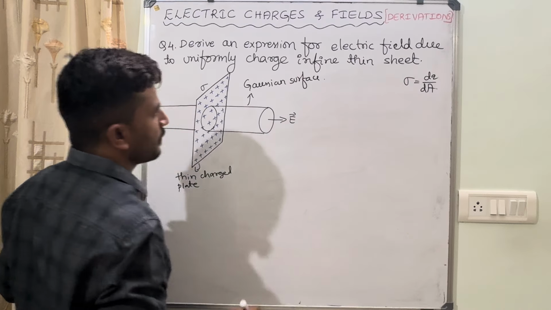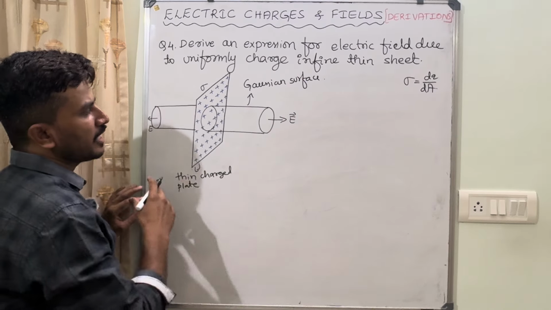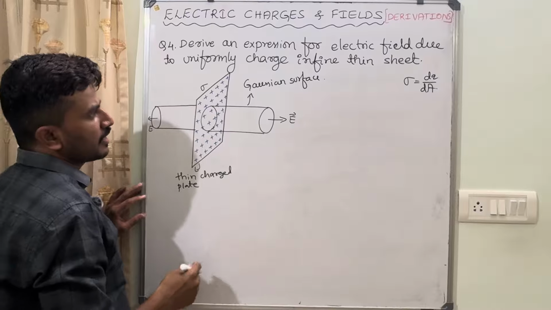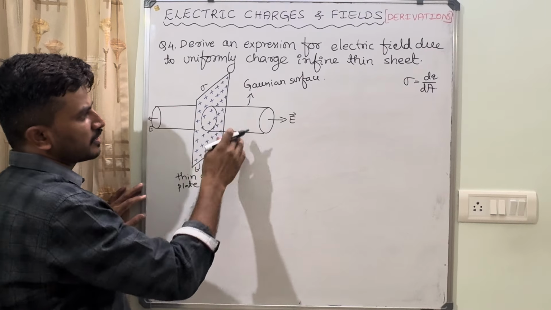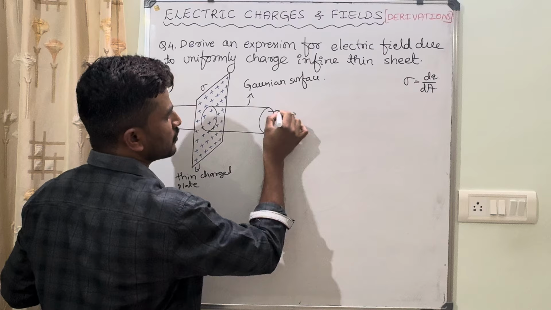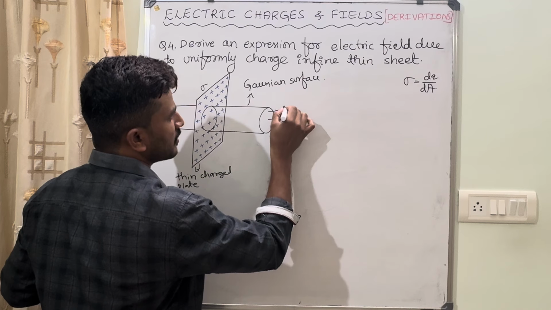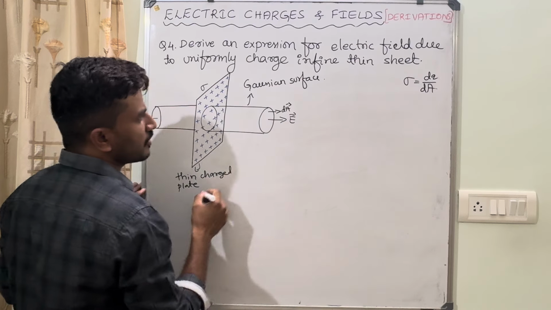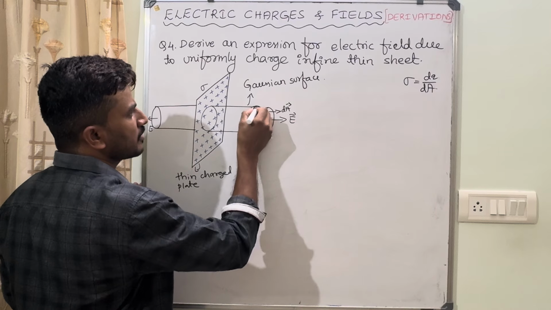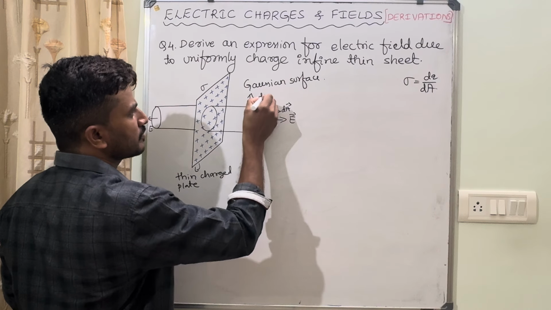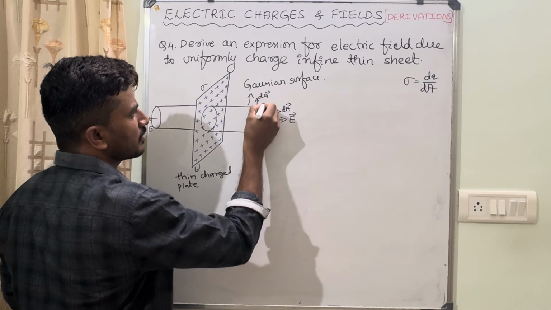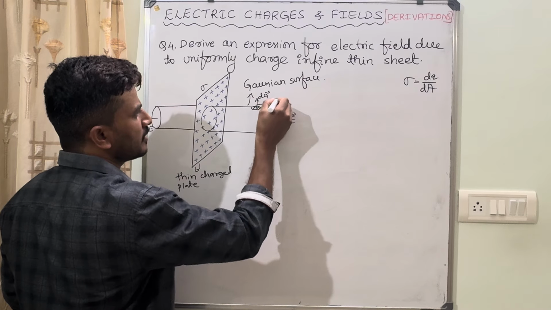Okay. Now, if I consider the electric flux formula, electric flux through the Gaussian surface is given by, one is flux through end surfaces. Here area vector is in the direction of electric field. Here area vector is upwards. Angle will be 90 degree.